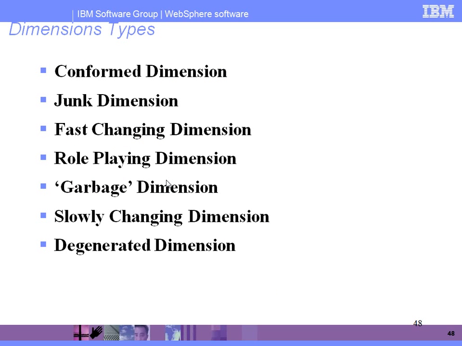Okay, there are different types of dimension tables available: first one is the conformed dimension table, junk dimension table, fast changing dimension table, role playing dimension table, garbage dimension table, slowly changing dimension table, degenerate dimension table.